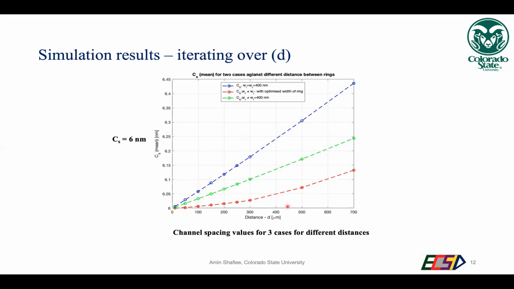The same thing happened with the unconventional case. And when we choose the optimized width for ring 1 and ring 2, we can see that as we increase the distance between the rings on the selected die under the fabrication process variations, the variation in the channel spacing is not as large as in the previous cases.